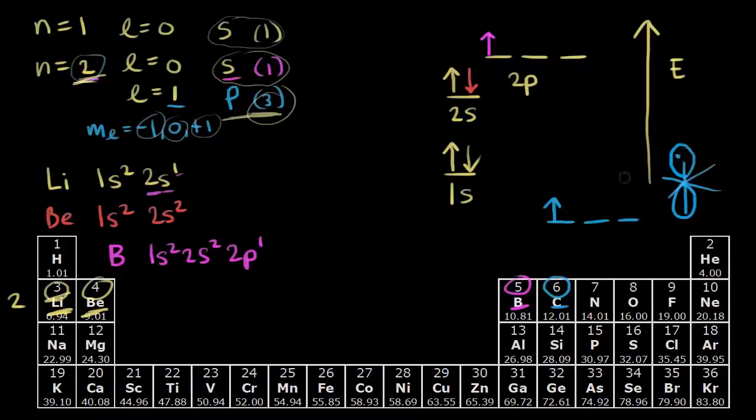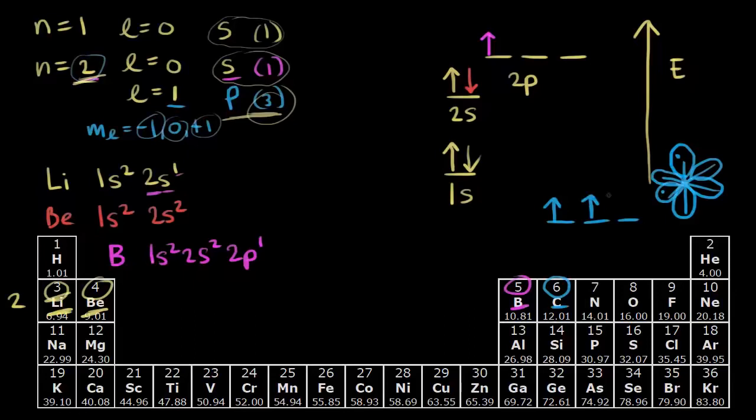Remember, there are other p orbitals on these other axes here. So here's another p orbital, and then here's another p orbital. We need to add an electron to another one of these, whichever one, doesn't really matter. Let's just say we're adding one here. So we're adding an electron to a different p orbital, whether it's px, py, or pz.